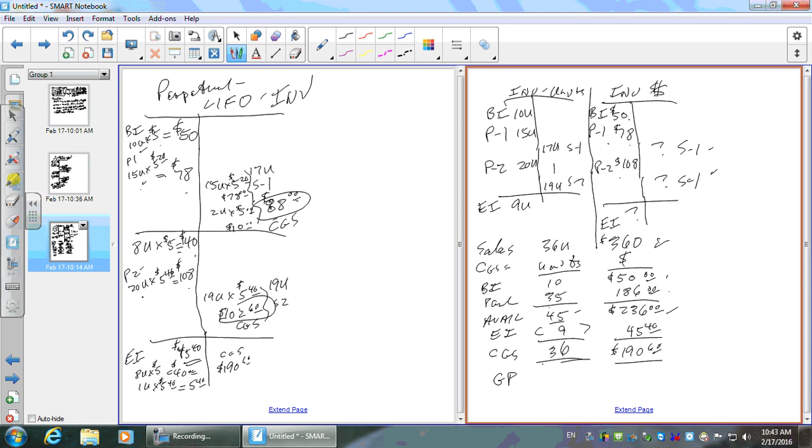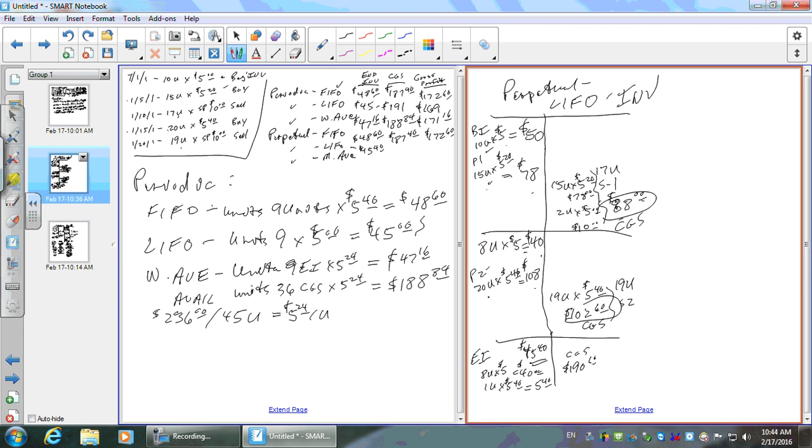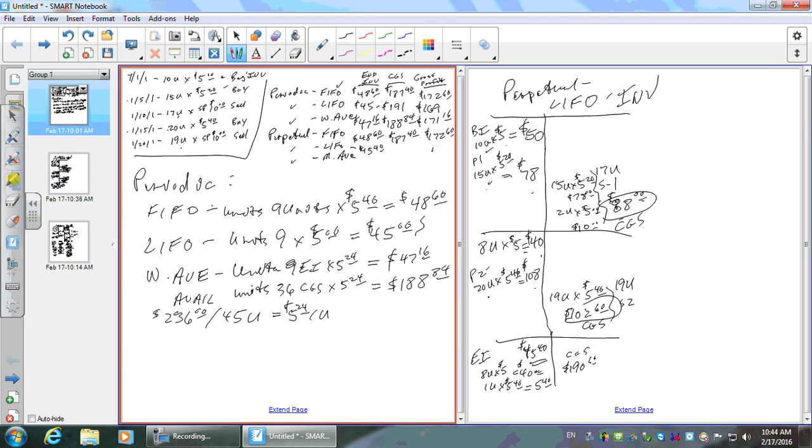How much is that? 169.40. Remember the 190.60 and 169.40. 169.40 is the gross profit. Okay. And then, what did we say the cost of goods sold was? 190.60.